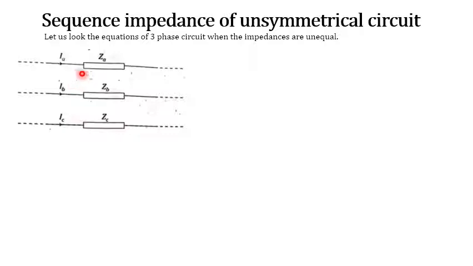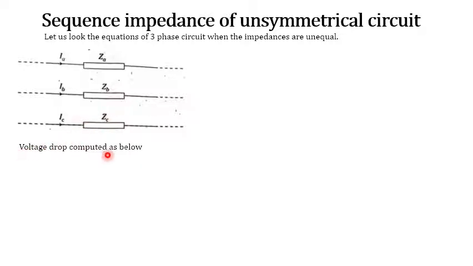Let us observe here the impedance of the circuit is ZA, for B it is ZB, and for C it is ZC. These are unequal series impedances. And let us assume that the system is ungrounded and there is no mutual inductance between these components.